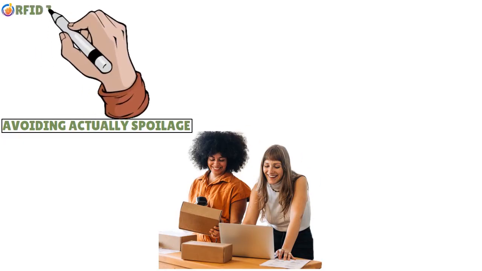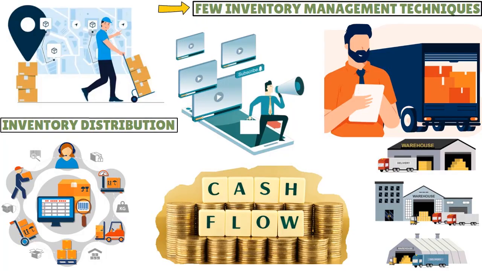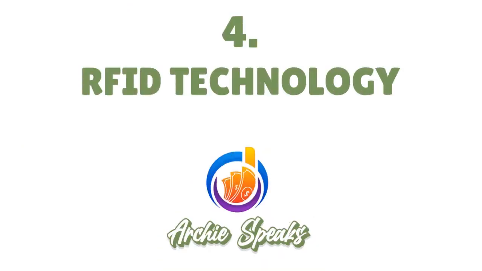You also have RFID technology. I'm still going through the top inventory management techniques that you can copy this year. Okay, so RFID technology. You have barcodes and you have ABC reporting. First, RFID technology.